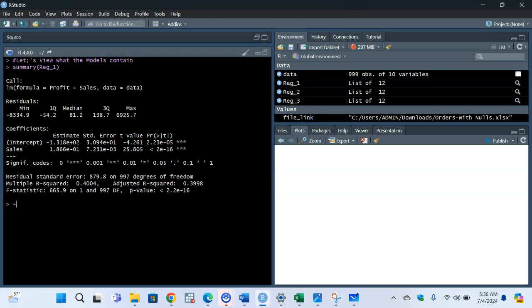So when sales exists as a single variable, the relationship between sales and profit is positive, and of course you can tell from the value of multiple R, it's positive. But now, okay, let's screenshot these models and put them.